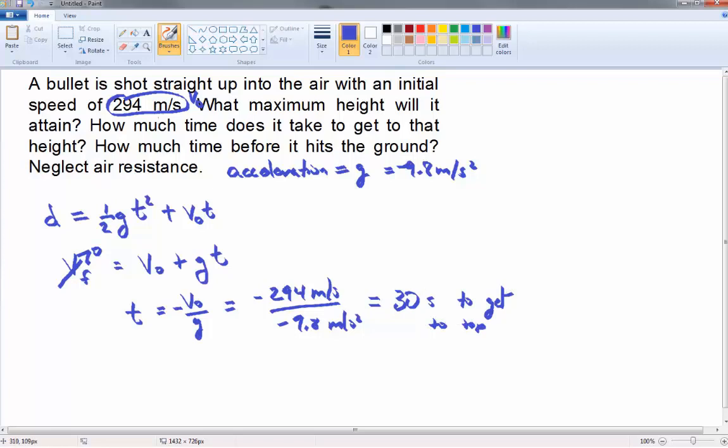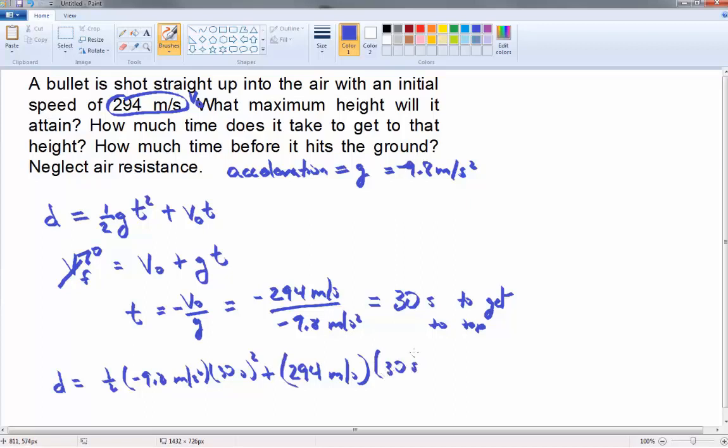So for part A, we would need to plug in the 30 seconds here, and so you'd end up with d is equal to 1/2 of negative 9.8 meters per second squared times 30 seconds squared, plus 294 meters per second times 30 seconds.